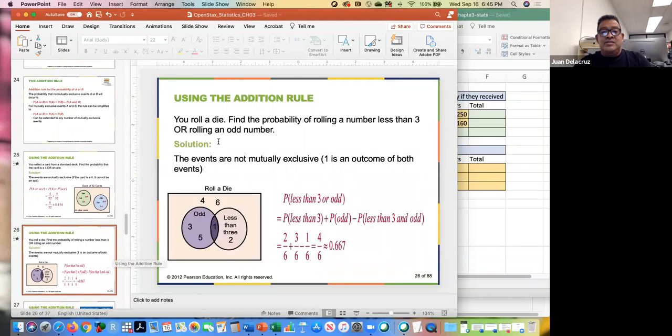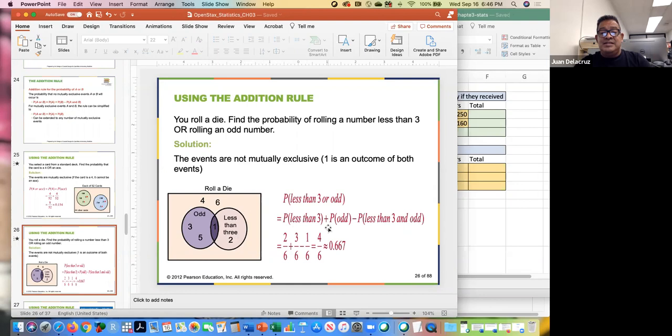In the second case, you roll a die and find the probability of rolling a number less than 3, or rolling an odd number. A number less than 3 is only 1 and 2 in our sample space. Odd numbers are 1, 3, and 5. So the probability of less than 3 is 2 over 6, because we have only 2 elements.